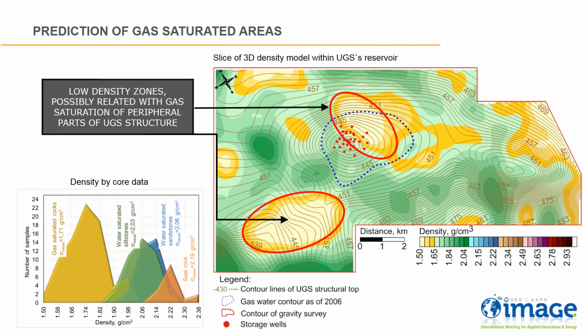It should be mentioned that this zone matches with high porosity by core in wells within this zone. The second zone is located on the southwest and probably formed during UGS exploration. This area has a favorable structural condition for gas flow.